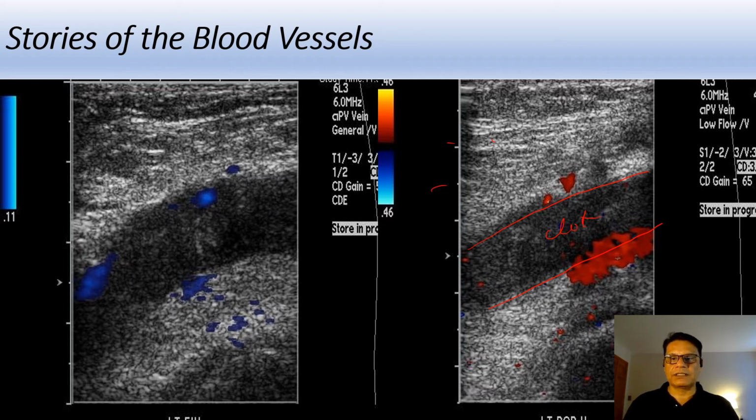But in previous images, when you see the pleural effusion and ascites or fluid in the abdomen, you see that they were more black because they do not contain solid material, but this liquid has changed into a solid part that is called clot or thrombus.